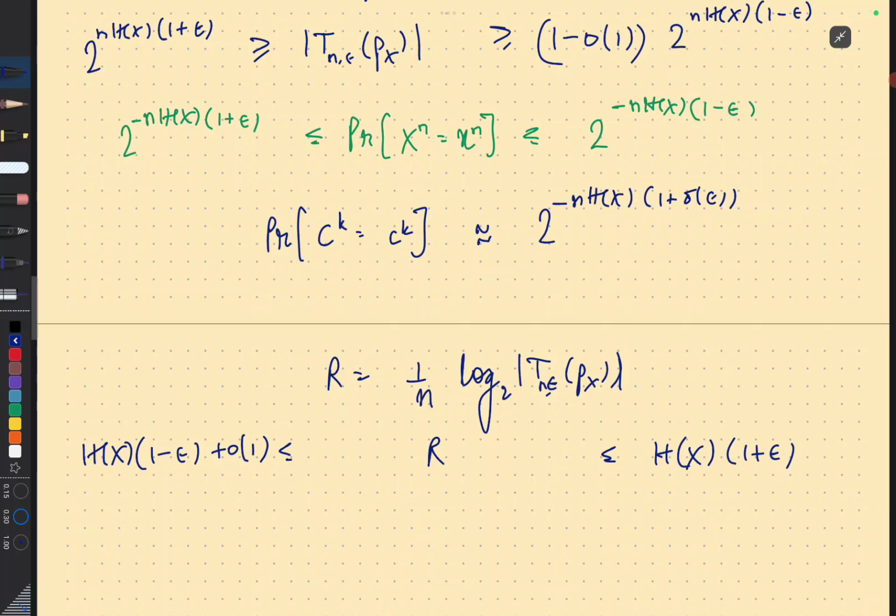Right, so just as in the binary case, we see that the rate is very close to the entropy.